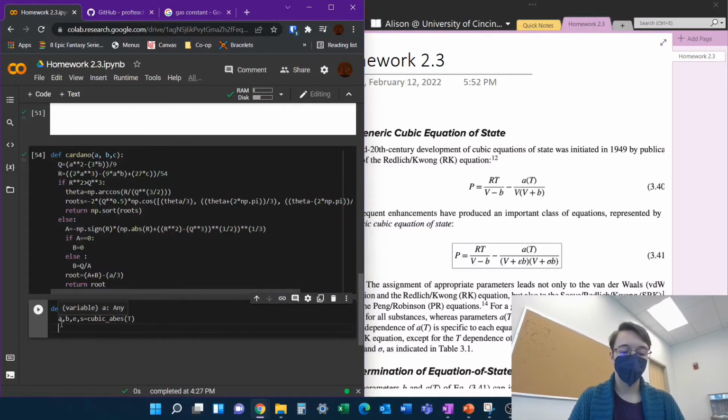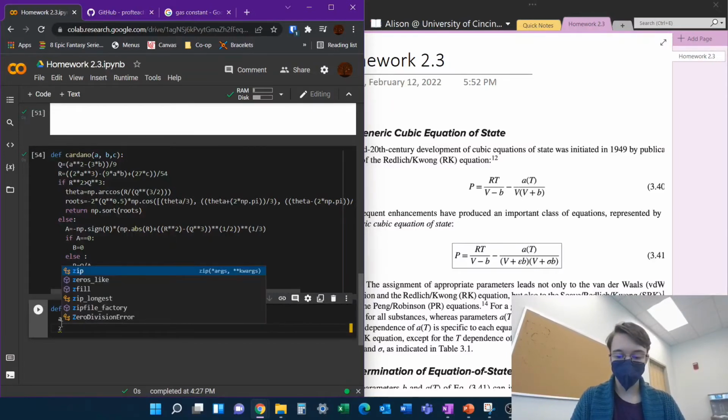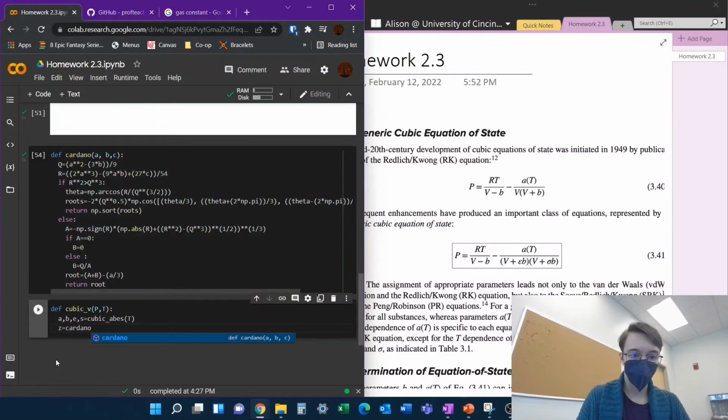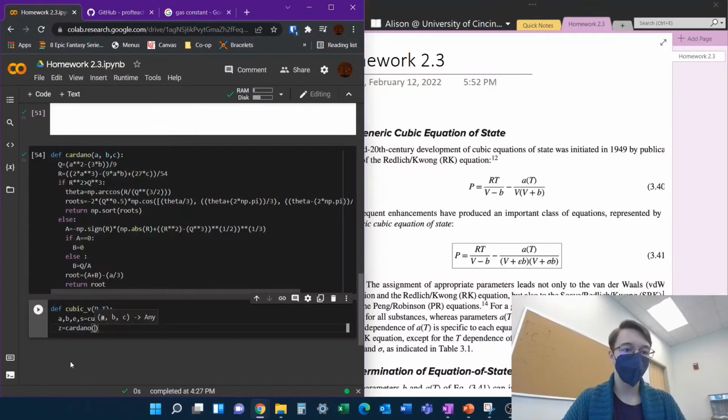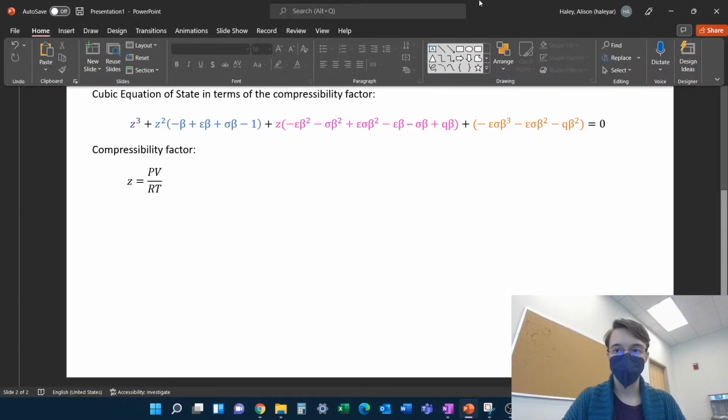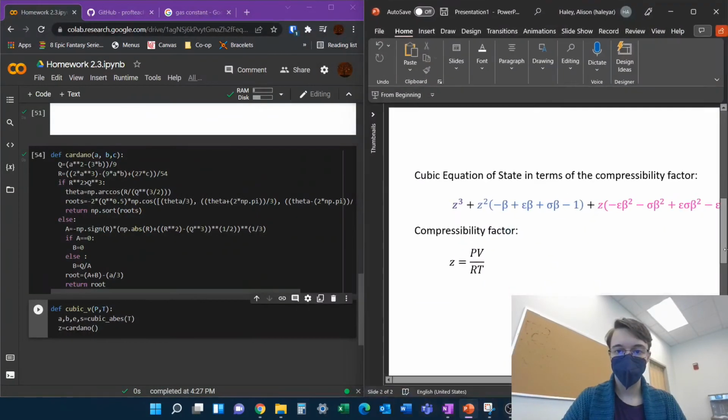So we're going to have that our roots, so our z's, are going to be equal to Cardano of, alright, so now we're going to have to type in our A, B, and C's. So let's get this, maybe, there we go.